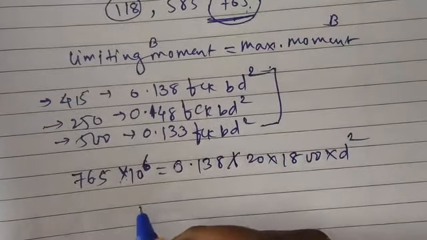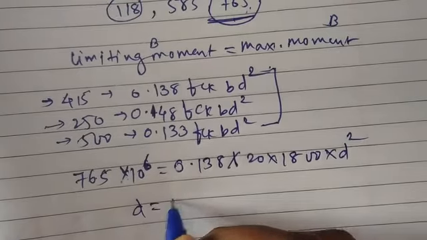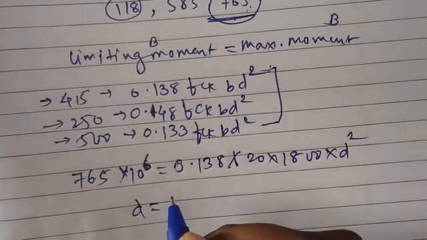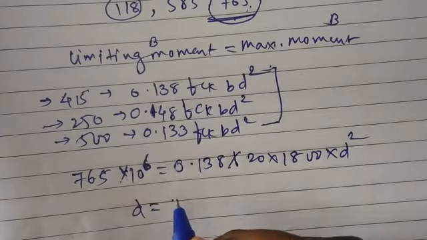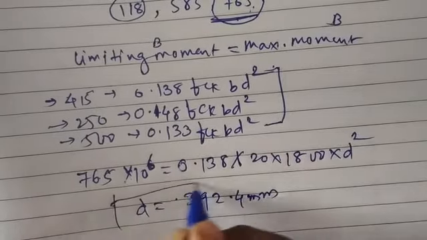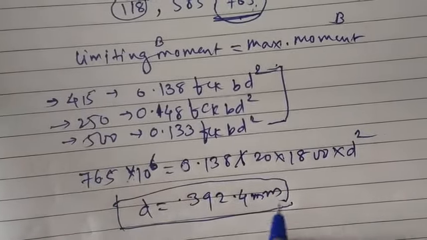If you calculate D from this equation, you will get the value as 392.4 mm. Okay, so this is the trial depth which we have calculated. We'll see the next part in the next video.